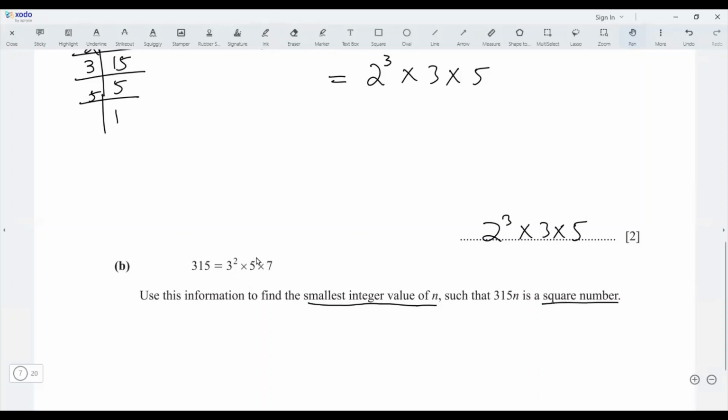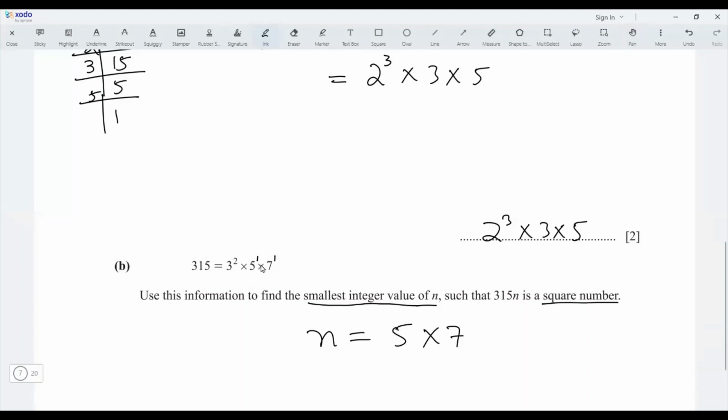5 is basically having power 1. So how to make it an even power? We have to multiply one 5 into it, so it will be 5 squared. And what about 7? 7 is also odd, so I have to multiply one 7 as well. So n must be 5 times 7. Why?